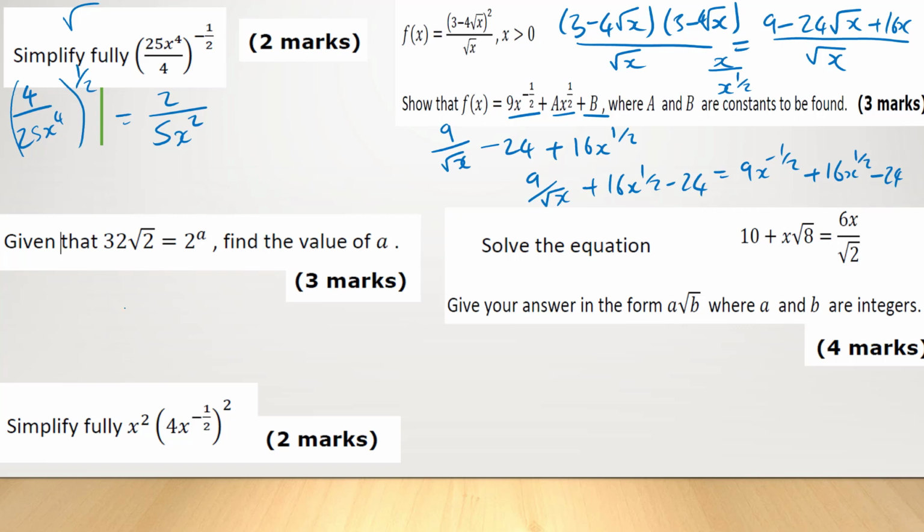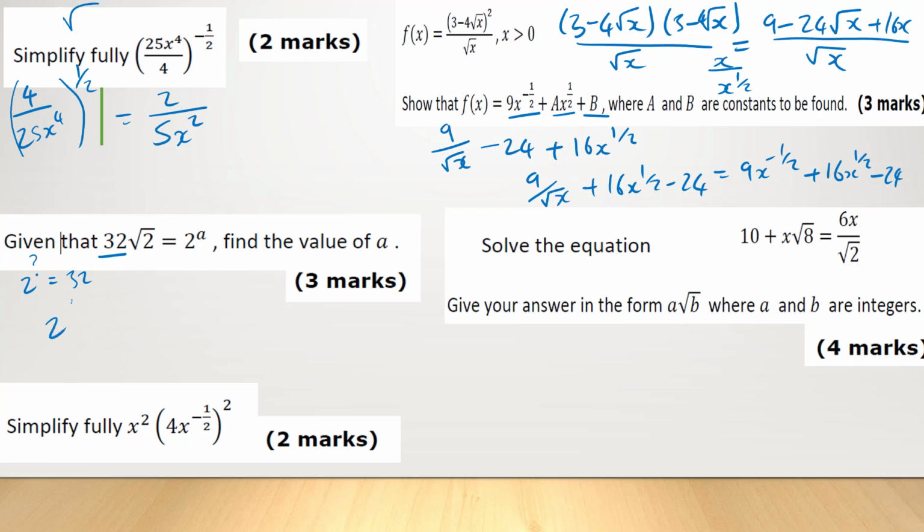So let's have a see. We've got, given that 32 root x equals 2 to the power of a, find the value of a. Well, can you see 32, 2 to the power of something equals 32. 2 squared is 4, cubed is 8, to the power of 4 is 16, to the power of 5.